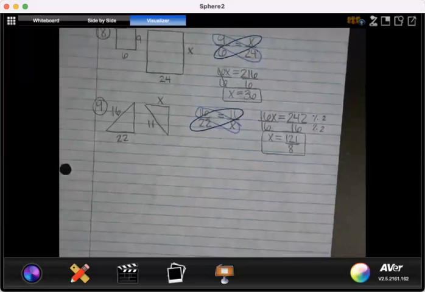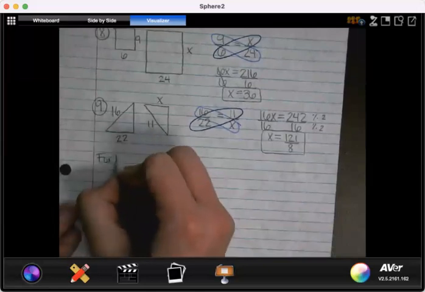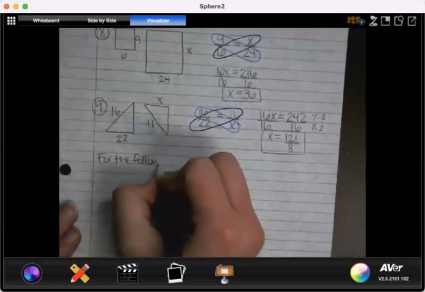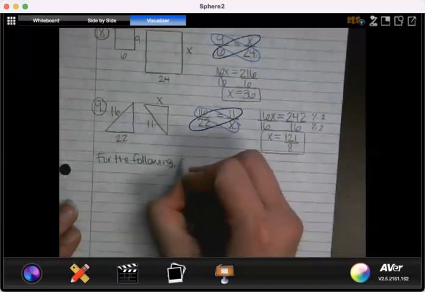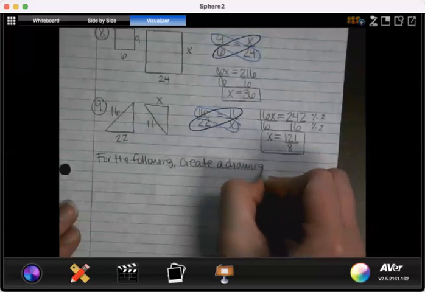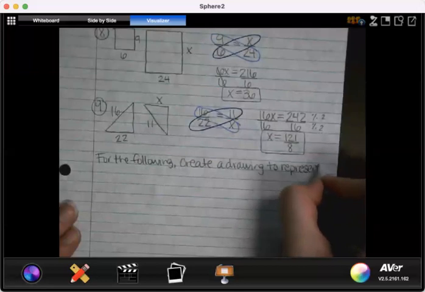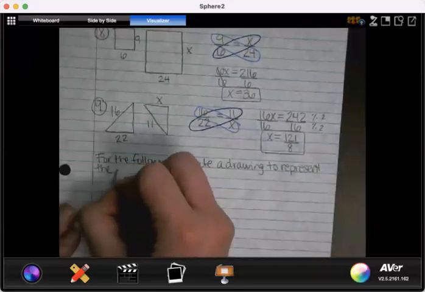One more problem for today, and we're going to do a word problem with similar figures. So for my instructions, for the following, create a drawing to represent the situation given.